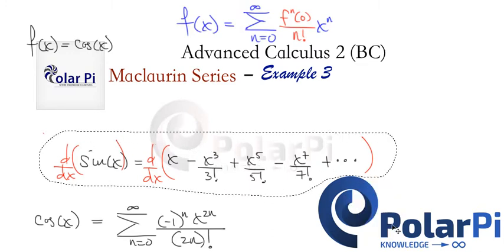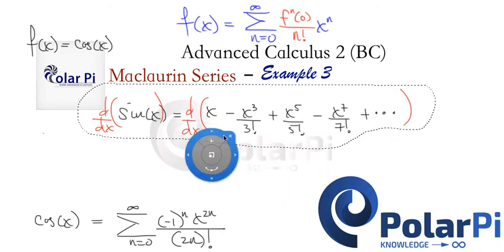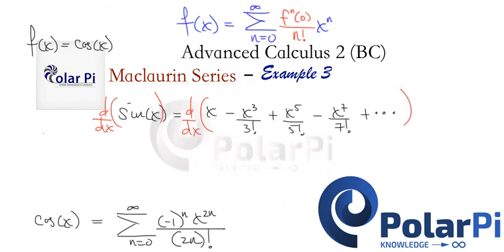And so look here. Slide this up here. Obviously, as I said already, d/dx of sine x is cos x. So I have cos x on the left side, but on the right side, what's the derivative of this? That's 1. And then minus, by the power rule, 3 times x squared over 3 factorial.